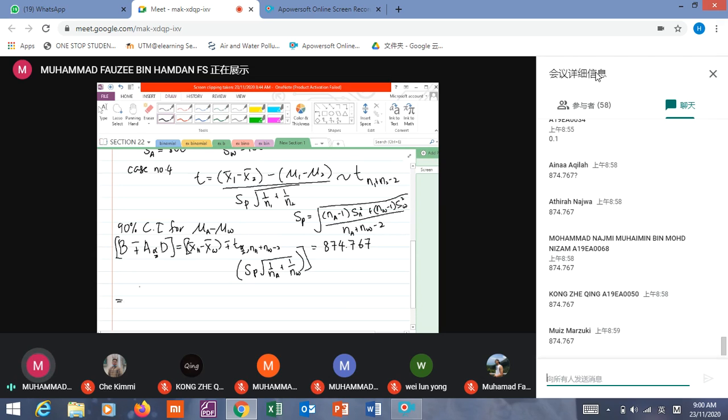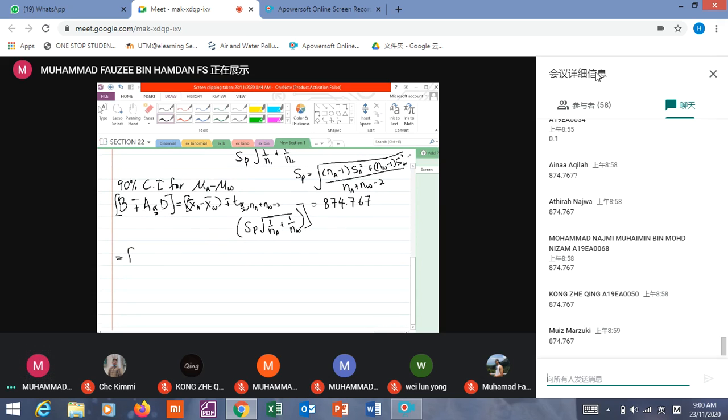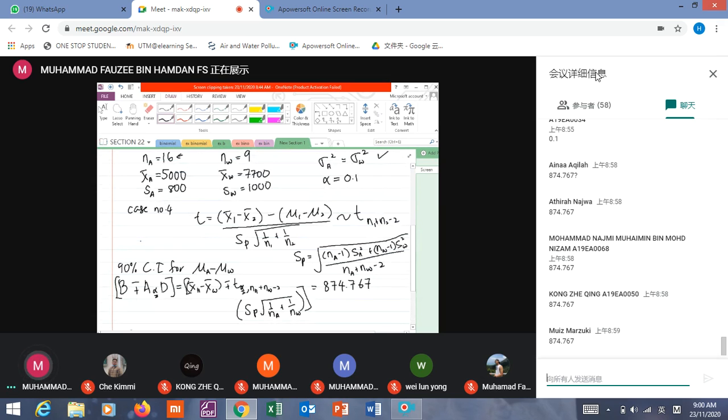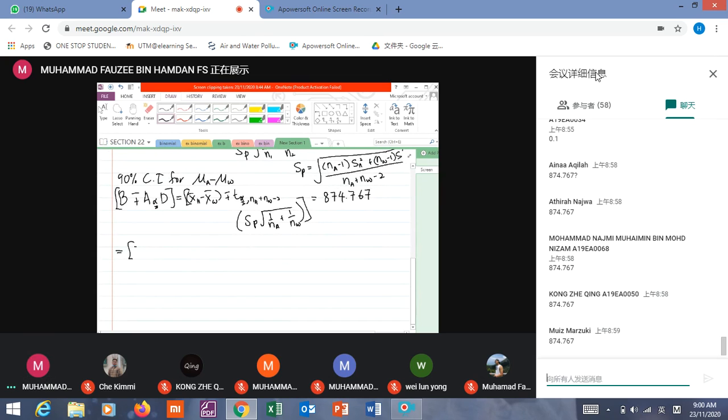Just substitute the value. X bar A is 5,000 minus 7,700, minus plus T alpha over 2, 0.05 with the degree of freedom 25 minus 2, 23, times SP already calculated 874.767 multiply with square root of 1 over 16 plus 1 over 9.